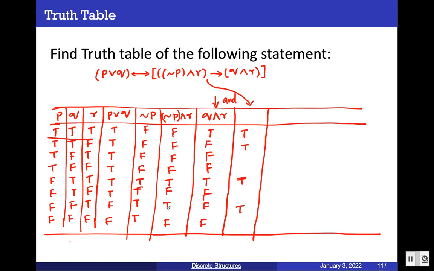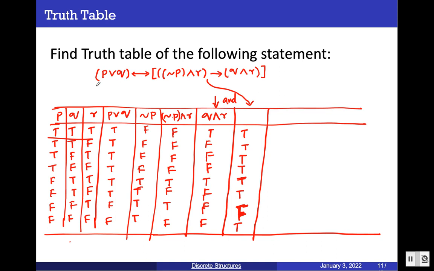This is true, this is false, this should be false. For every other part, if the first segment is false, it doesn't matter what the second segment is for implication, so they all will be true. So we found only one combination is false.